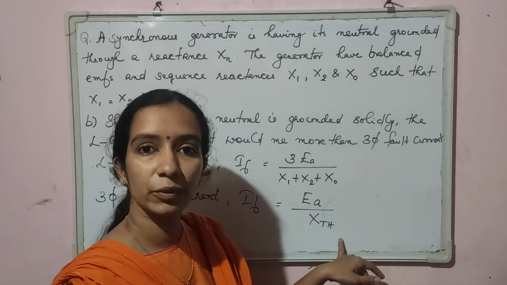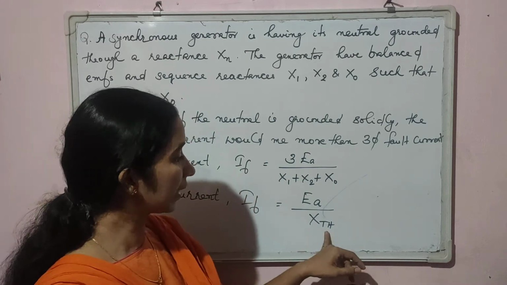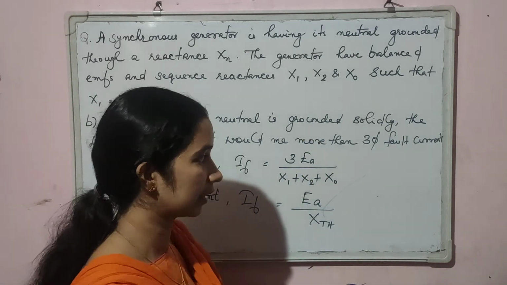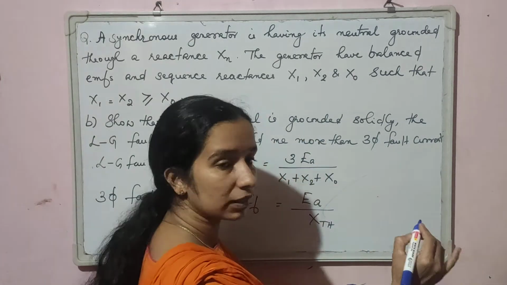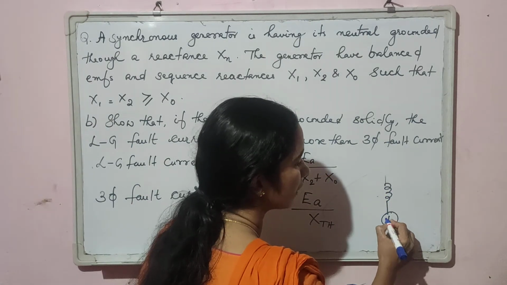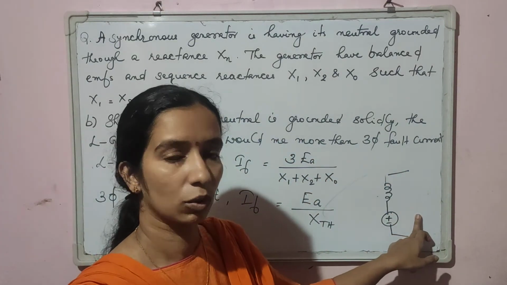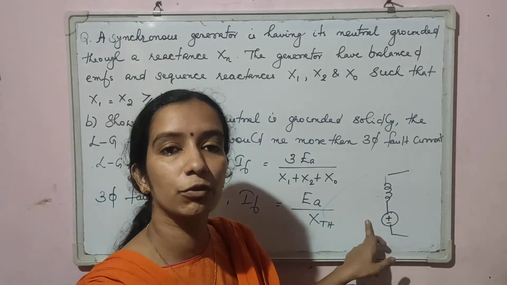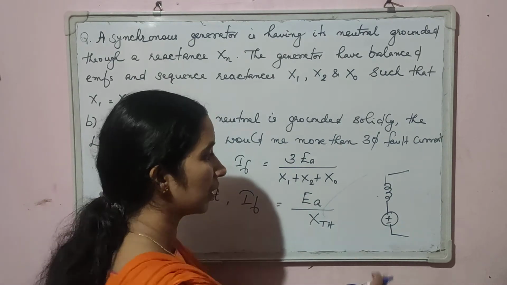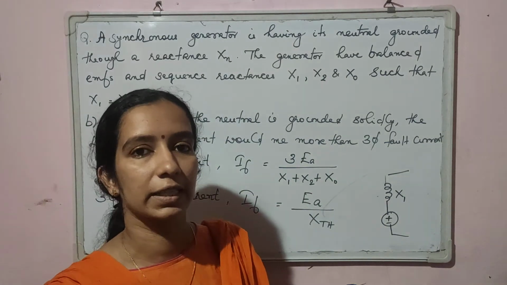So, the positive sequence reactance diagram of this particular alternator. For an alternator, the reactance diagram will be a reactance in series with a voltage source like this. This is the reactance diagram, or single phase equivalent circuit, of an alternator, and this reactance will be nothing but the positive sequence reactance.